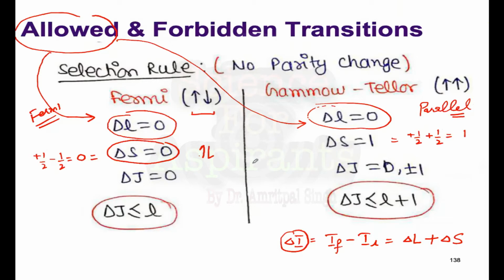In this triplet state, the value of delta I is equal to delta L plus delta S. Now delta L is equal to 0, so the delta I value is completely dependent upon the value of delta S. For the delta I value, only 0 and plus or minus 1, that is the triplet state transitions, are followed by the Gamow-Teller rule.